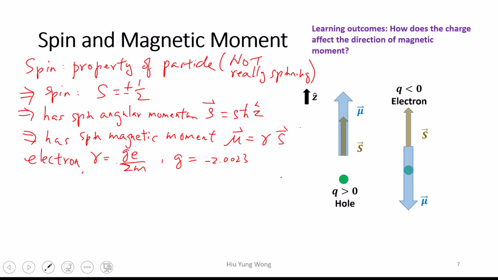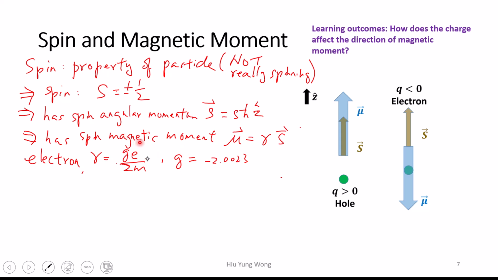So that's why here, are you trying to derive it? We cannot, because we just take it as granted. So now you probably understand why it is called spin. Every particle has a spin angular momentum equal to S times H bar.